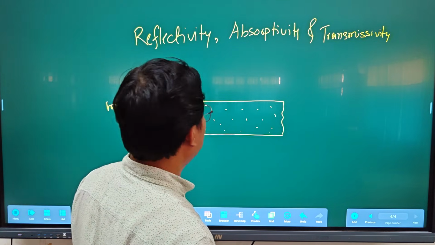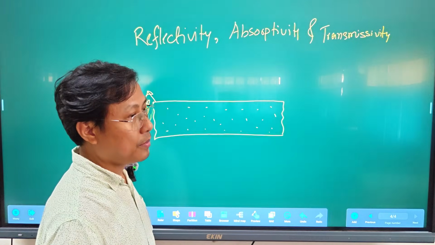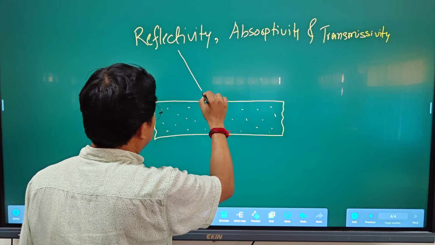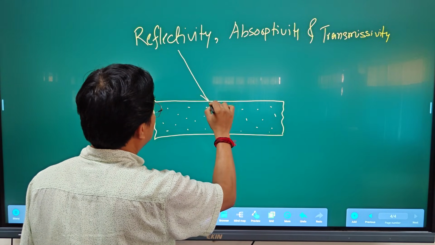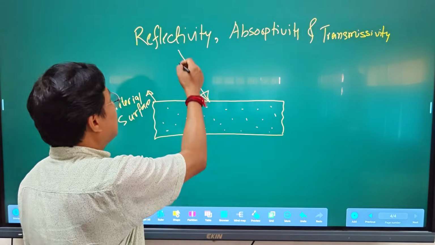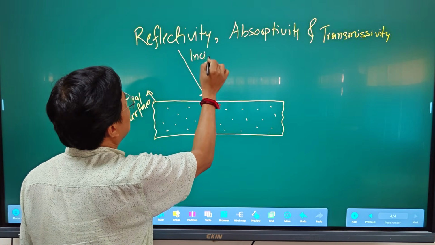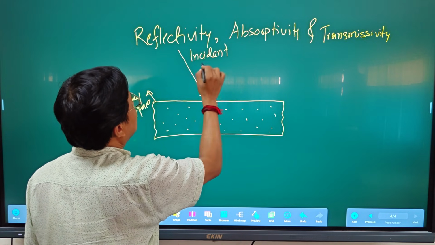If radiation takes place, this is the incident radiation.